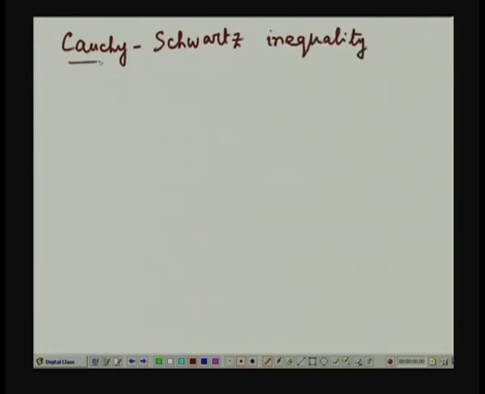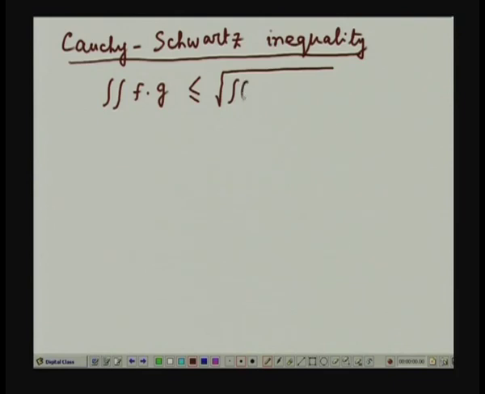So, this Cauchy-Schwarz inequality says that double integration of f into g is less than or equal to square root of double integration of f square into double integration of g square. And these two terms will be equal only when g is equal to some constant c times f.